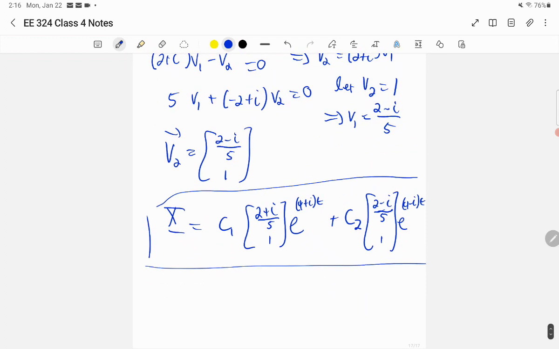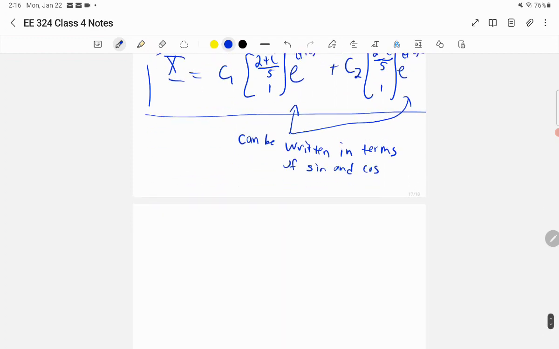And this can be written in terms of sine and cosine. But we're not going to do that right now, because we'll learn about that later as needed.